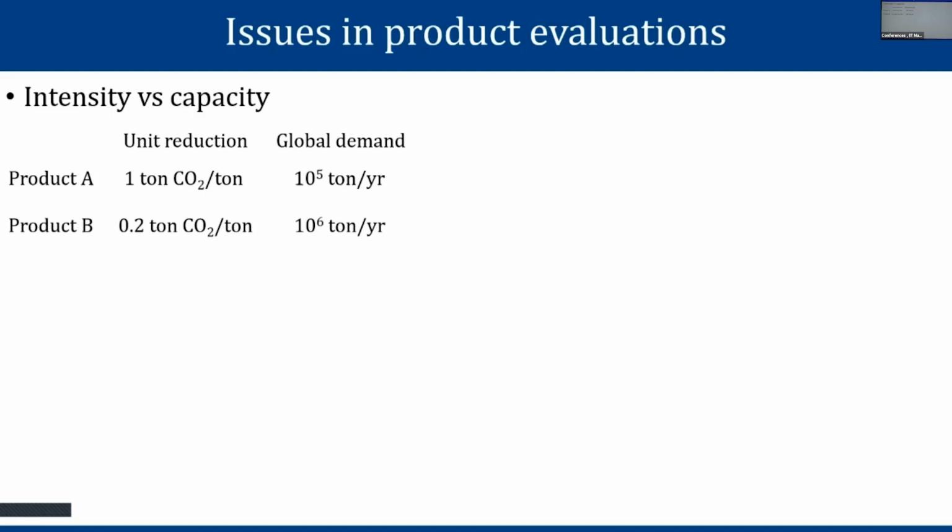For example, if the numbers are given like these, we can say that producing product B is better than producing product A, even though the unit reduction of product B is smaller than the unit reduction of product A. If we multiply the unit reduction by the global demand, we can see that the total reduction in the carbon dioxide emission is larger for product B than product A.